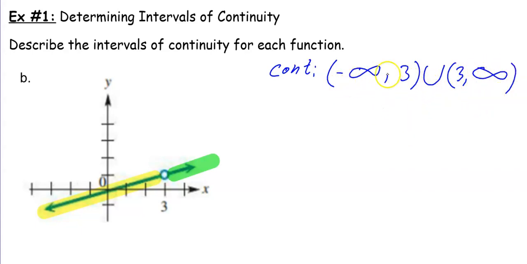The parentheses mean something specifically. This is saying start at negative infinity, but don't touch negative infinity. Go to the right until you get to 3. The parenthesis says don't touch 3. Then put your pencil down on the other side of 3, the right side of 3, and keep going until you get to infinity.